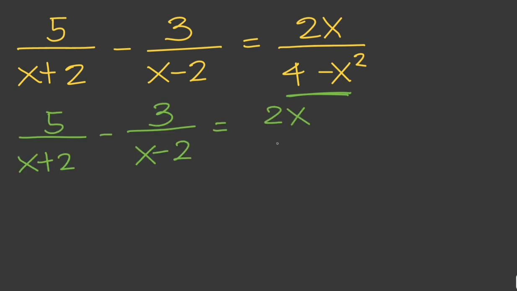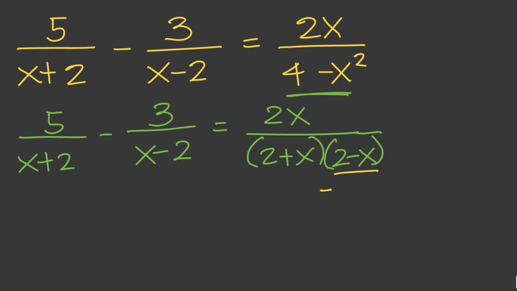Now we can factor 4 minus x squared as 2 plus x times 2 minus x. And we can rewrite 2 minus x as negative of x minus 2.